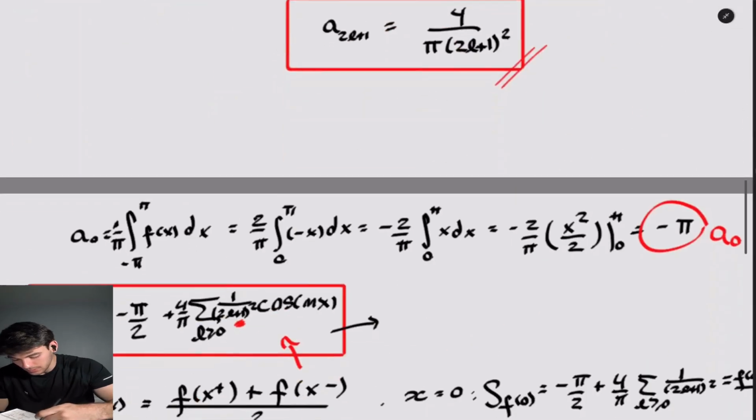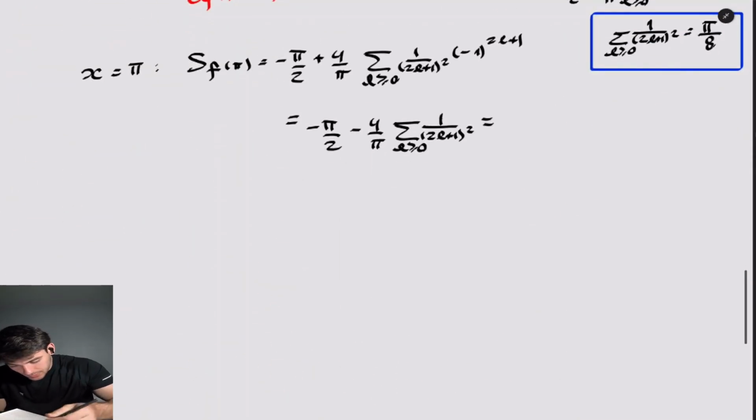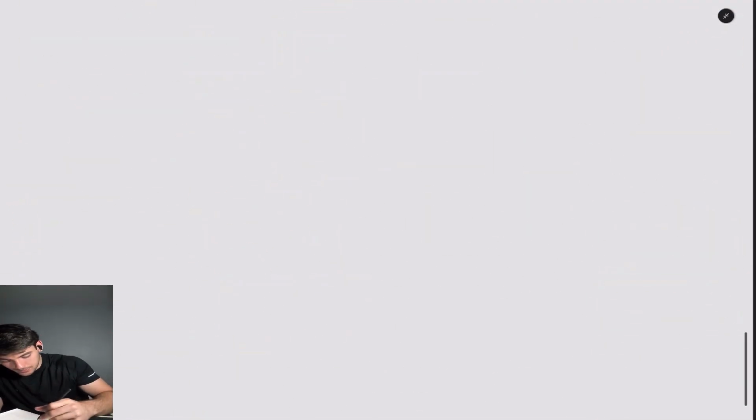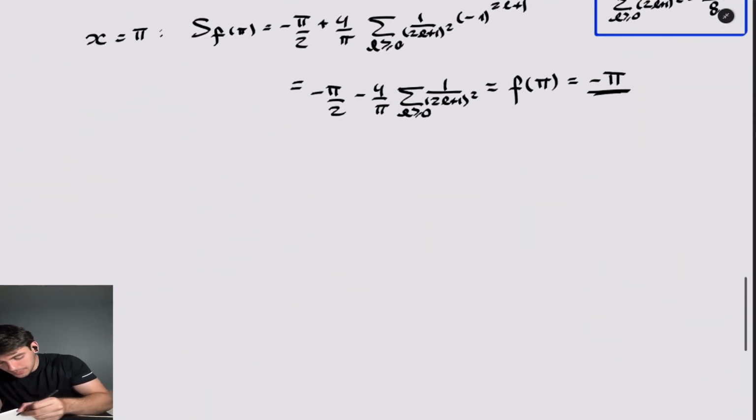So let's write it down. Here it's basically f of pi. So that's the simplification of Dirichlet. And that's equal to minus pi as we've calculated. Okay. So minus pi plus pi divided by 2, we're just switching sides and switching the sign.